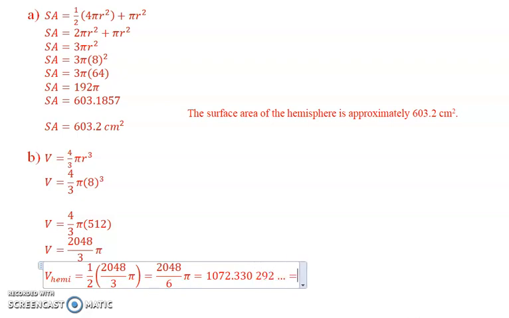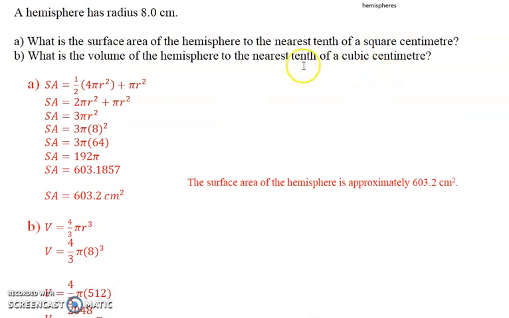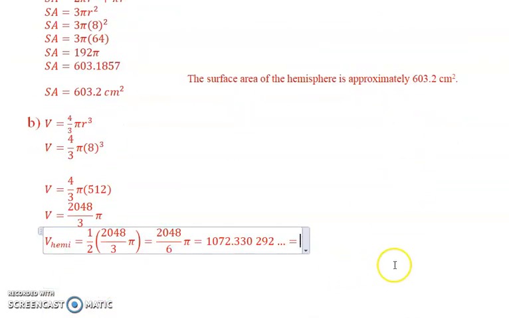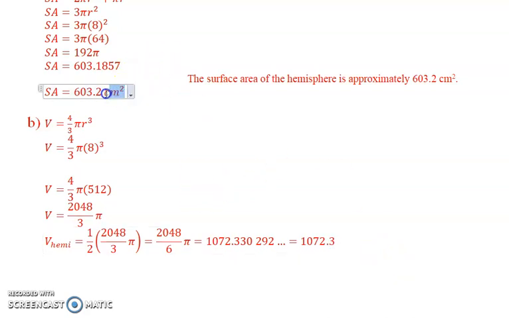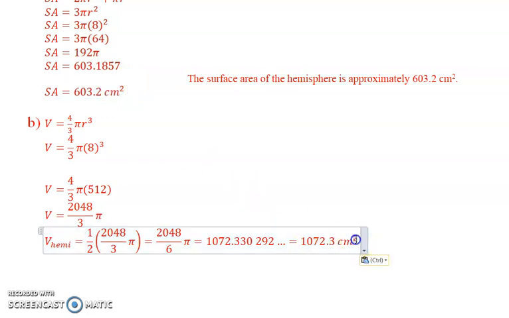And remember, it says to the nearest tenth of a cubic centimeter, so that's 1072.3, and the units are going to be centimeters cubed, because we are dealing with volume.